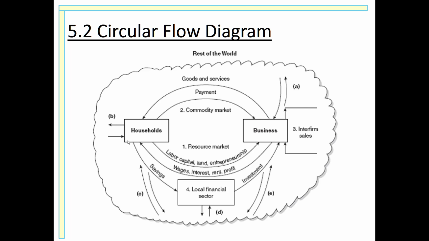With households, if they work, for instance, in another county, they will bring their paychecks here, so there is an inflow of money going on. However, if a household goes to a store in another county, there's going to be an outflow of money. Same thing with the financial sector. The bank can lend money to a firm outside of the region, or it can receive deposits from a resident of another region. Then there's going to be an inflow of money.